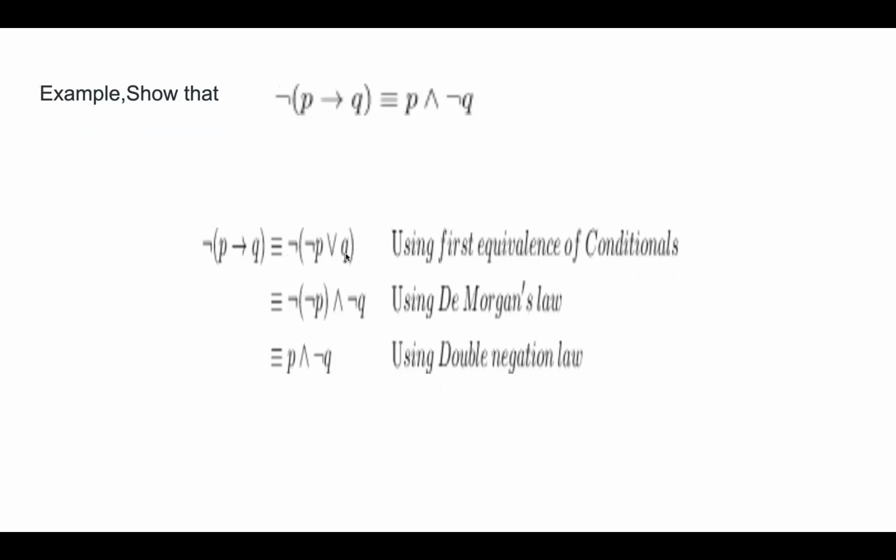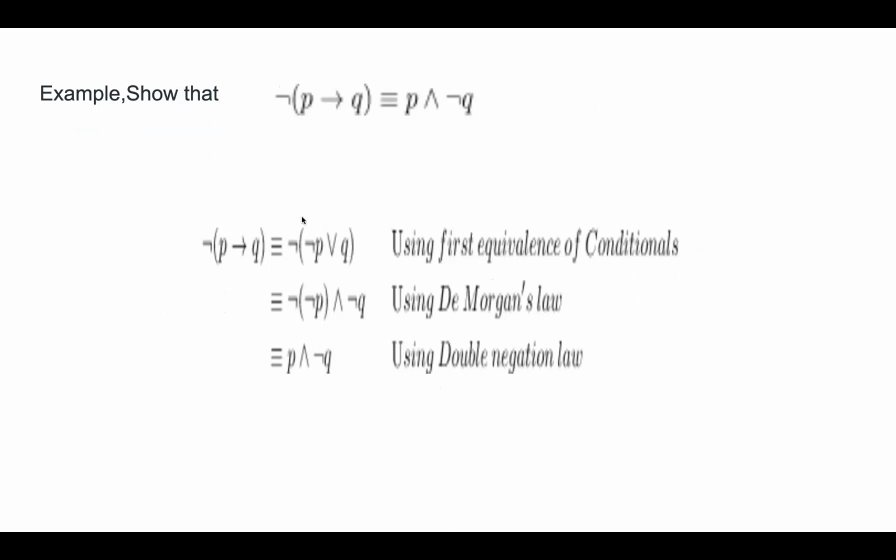Negation P or Q, using the first law of equivalence. Then we took this distribution, okay, negation of negation P and negation Q using De Morgan's law. We used here De Morgan's law.